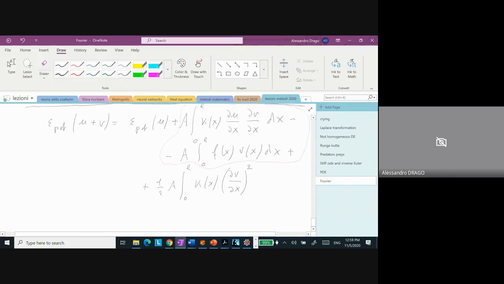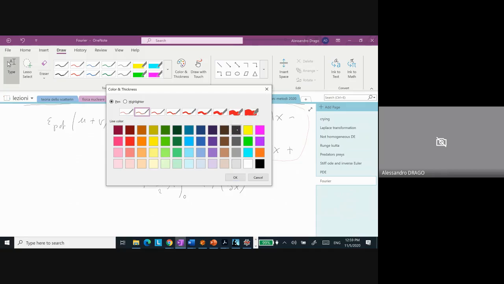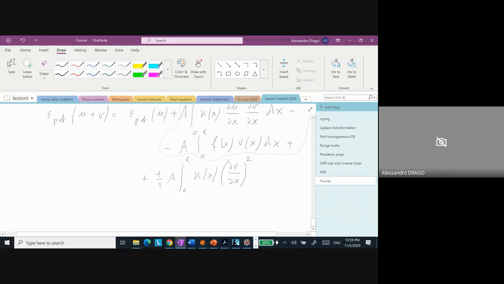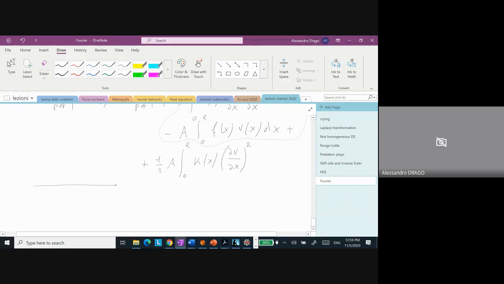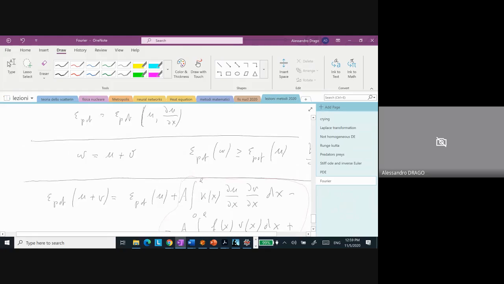This is 0 for whatever v. Let me try to do this now. Let me concentrate on that piece. Let me rewrite it, and let me drop the a, the a is really completely irrelevant.